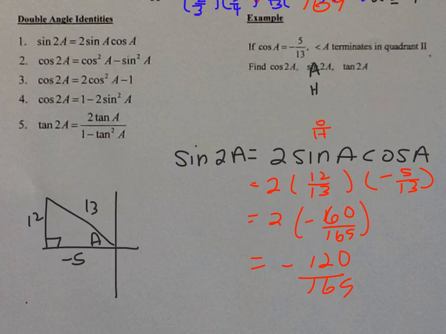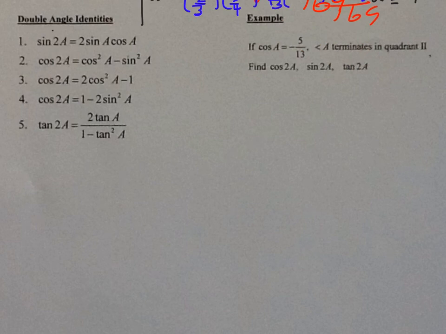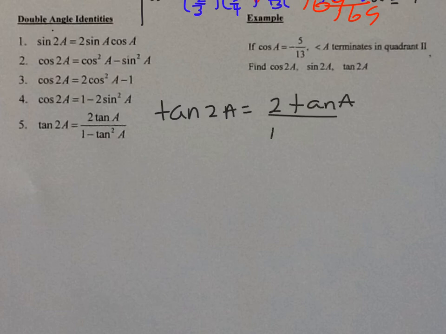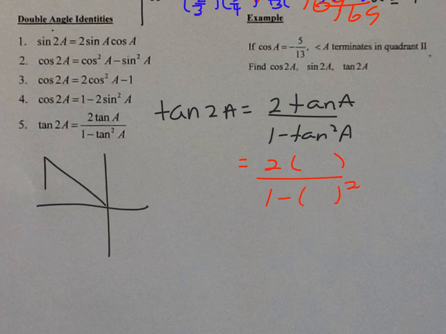Okay, so let's do tan 2A. Tangent 2A is 2 tan A over 1 minus tan A squared. So that's going to be 2 times something over 1 minus something squared. Okay, so I just had this triangle before.